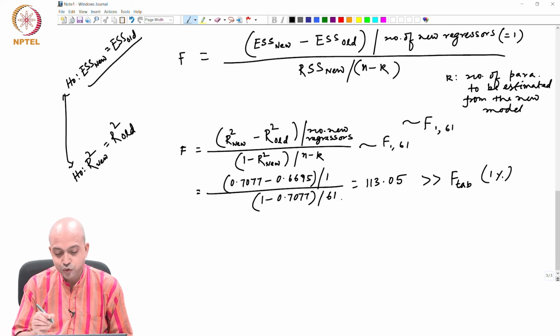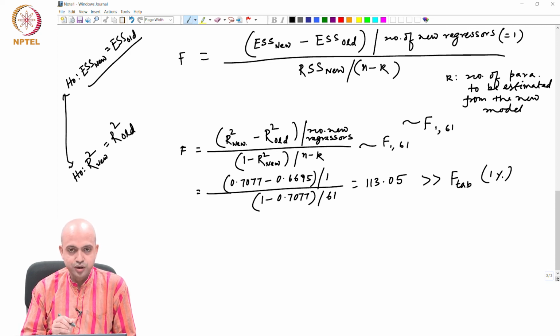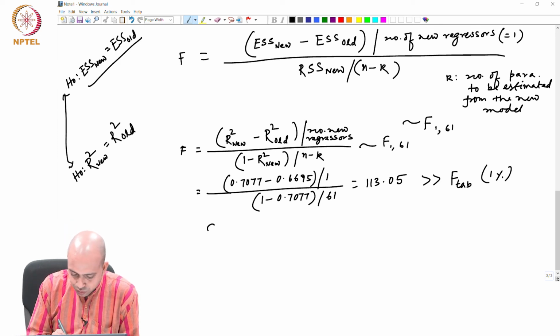But one thing you have to keep in mind, whenever you are constructing the F statistic in terms of R square, I am giving you one cautionary note.